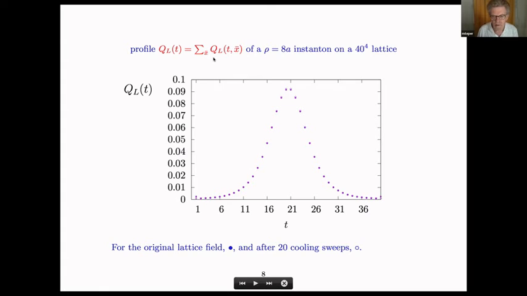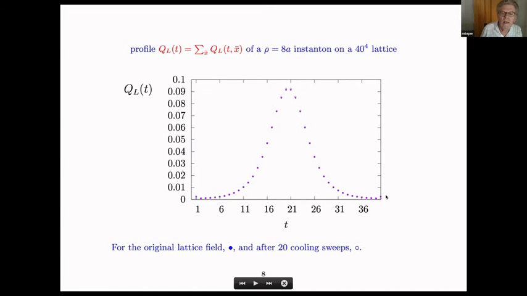So this is a section at given Euclidean times, summing up the topological charge density over the other 3 coordinates. And you see this nice peak here, as you inevitably would have with an instanton, for this topological charge density as a function of time.